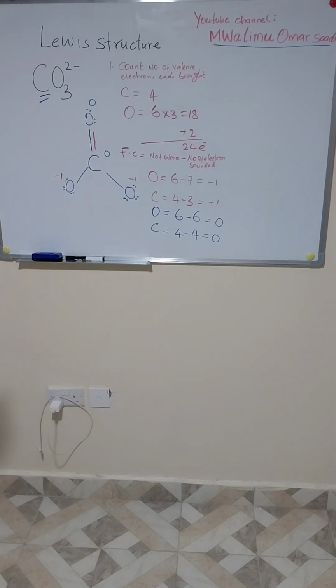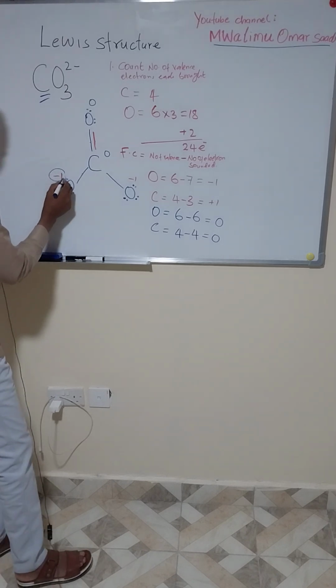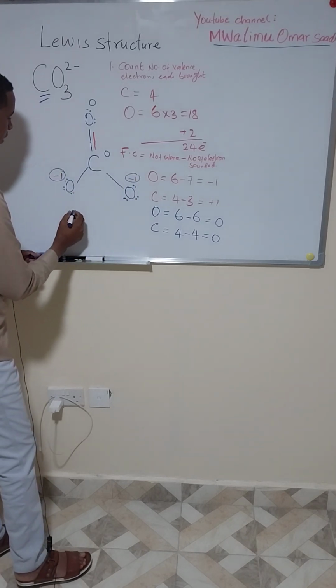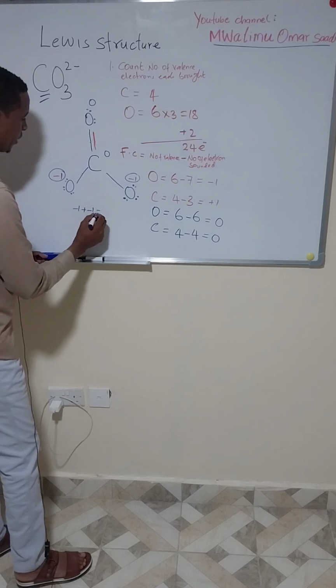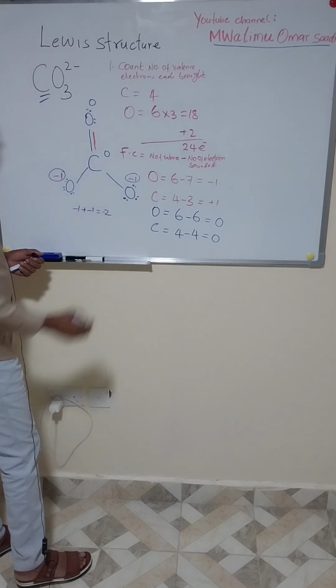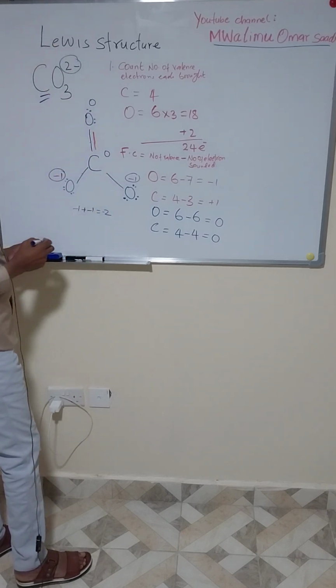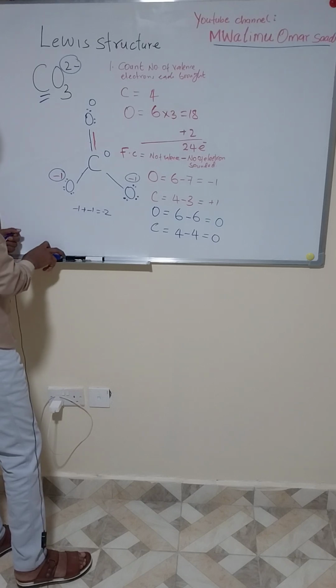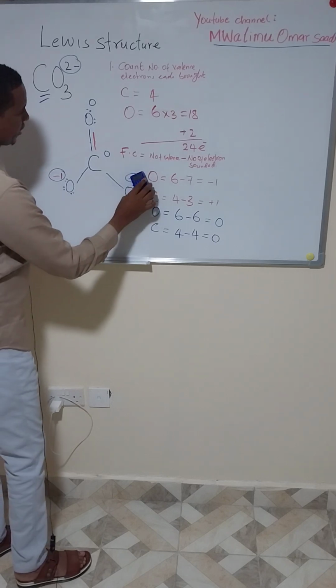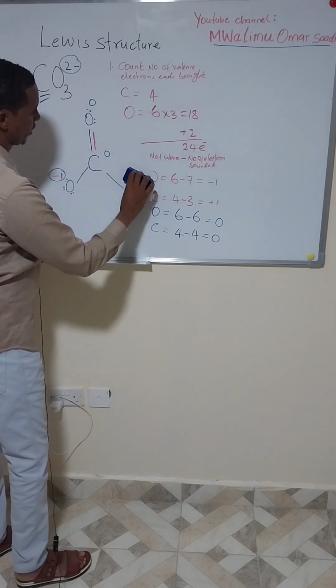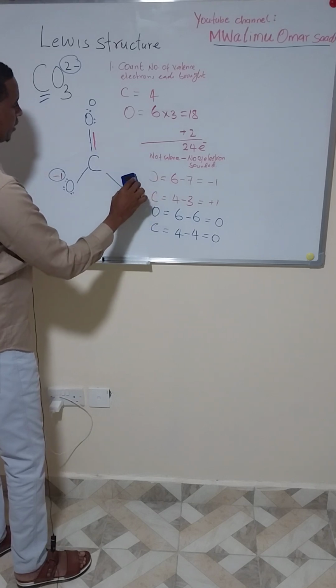And that is the Lewis structure of carbonate ion. So this negative and negative, -1 plus -1 will be -2, and that is the charge we have there.